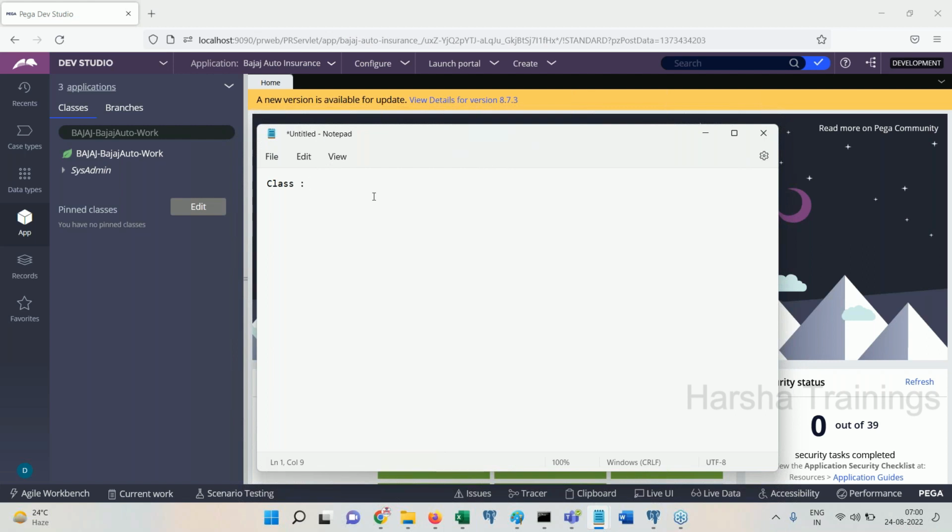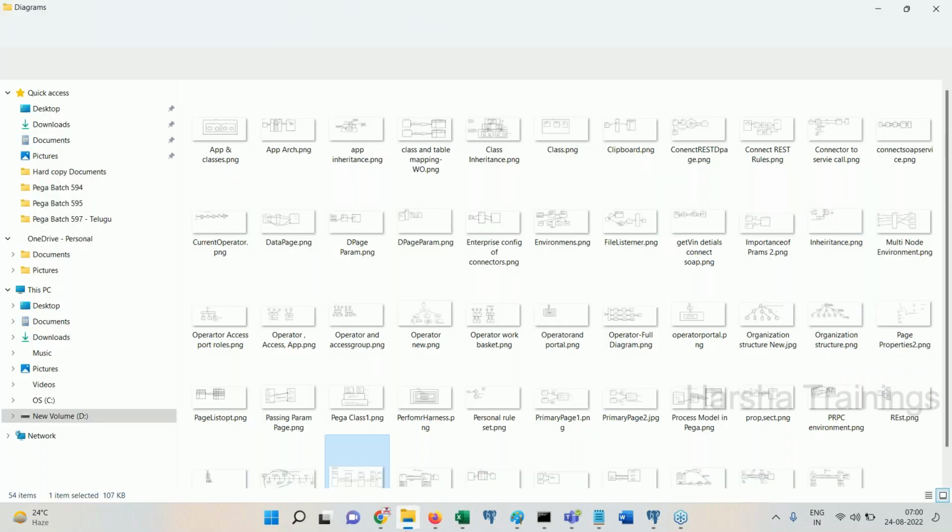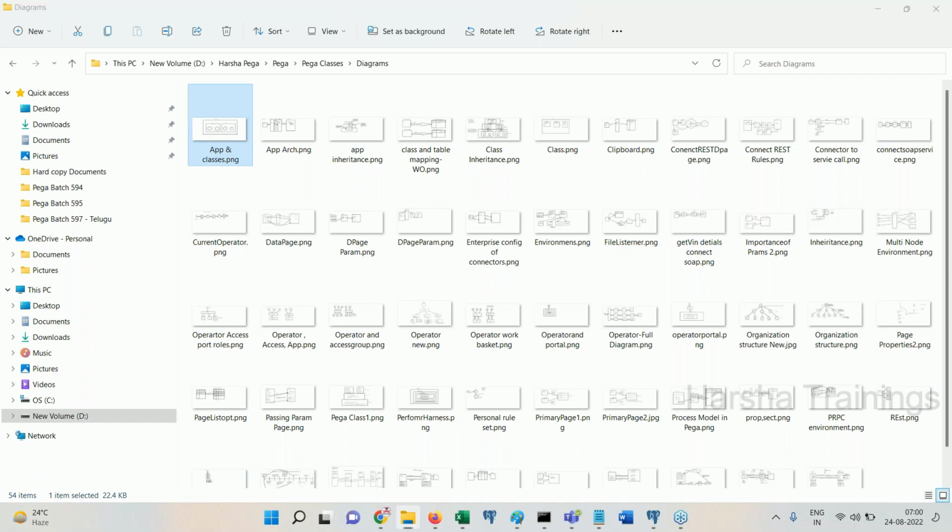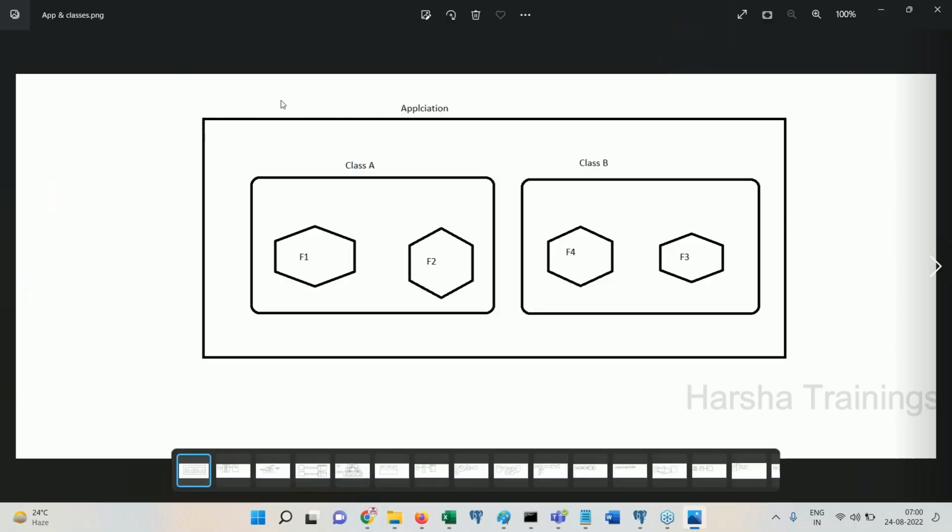The classes will be placed inside the application. You have this diagram which I showed yesterday: first you create the application, inside that we need classes, and inside classes we need to create functionalities. Okay, so this is how we set up.